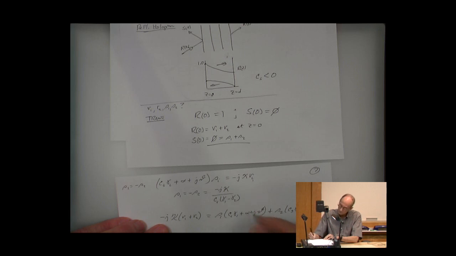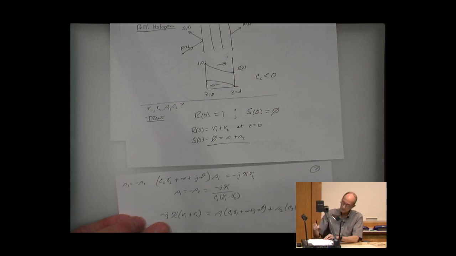There should be a plus here. All right. So this here is equal to 1. All right. So that's why we got rid of that over there.